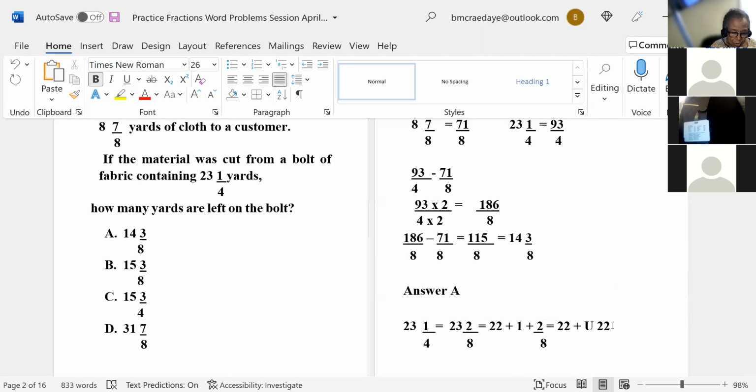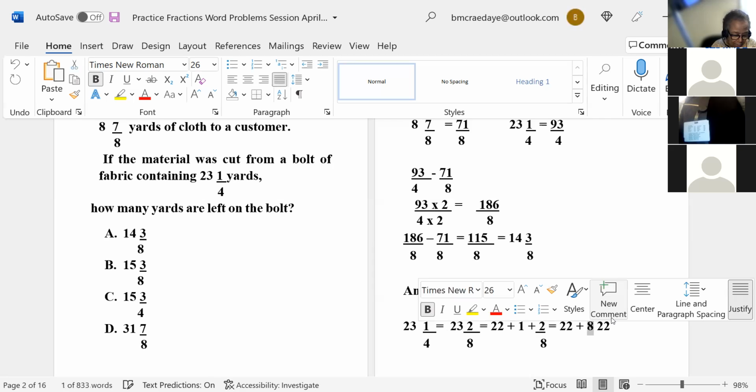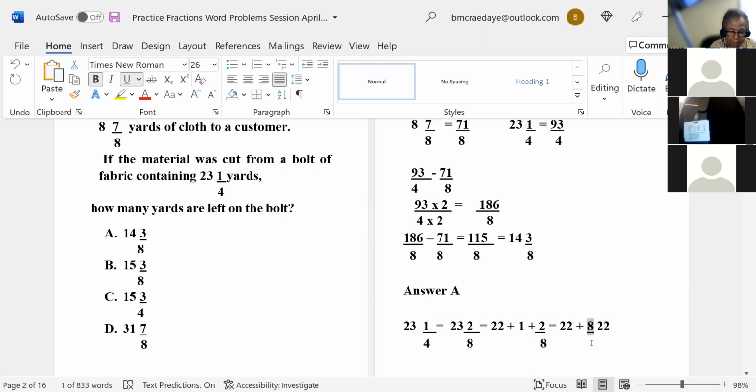Well, once you do this enough, it makes sense. That's what the 1 is equal to, right? Plus 2/8. Okay. And what's 8/8 plus 2/8?